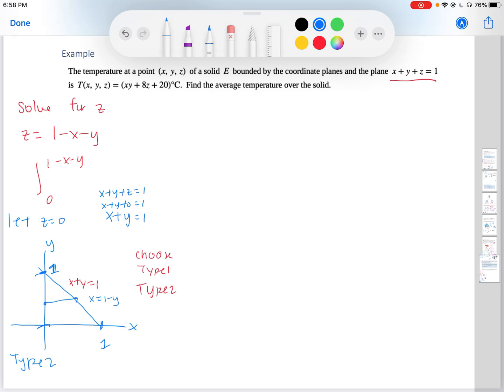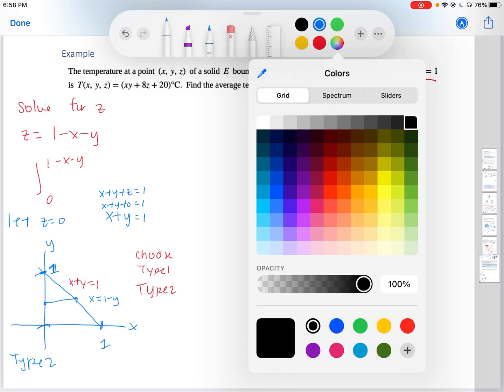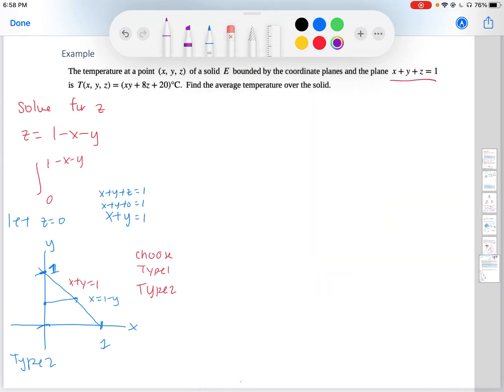So let's set up the integral that we have so far. We first set our bounds for z: z is from 1 minus x minus y to 0. Then we have our setup for the remaining two parts: y is from 1 to 0, and x is from 1 minus y to 0.